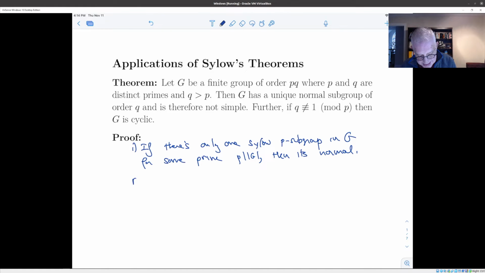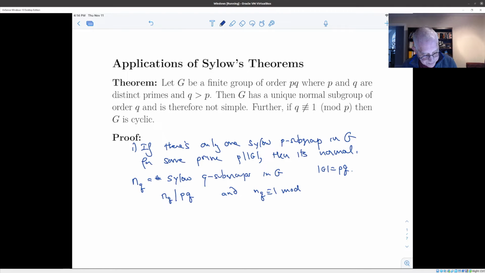So let n sub q be the number of Sylow q subgroups in G, which has pq elements. What are the possibilities for nq? By Sylow's theorems, nq is a divisor of pq and it's congruent to 1 mod q. The divisors of pq are 1, p, q, and pq.